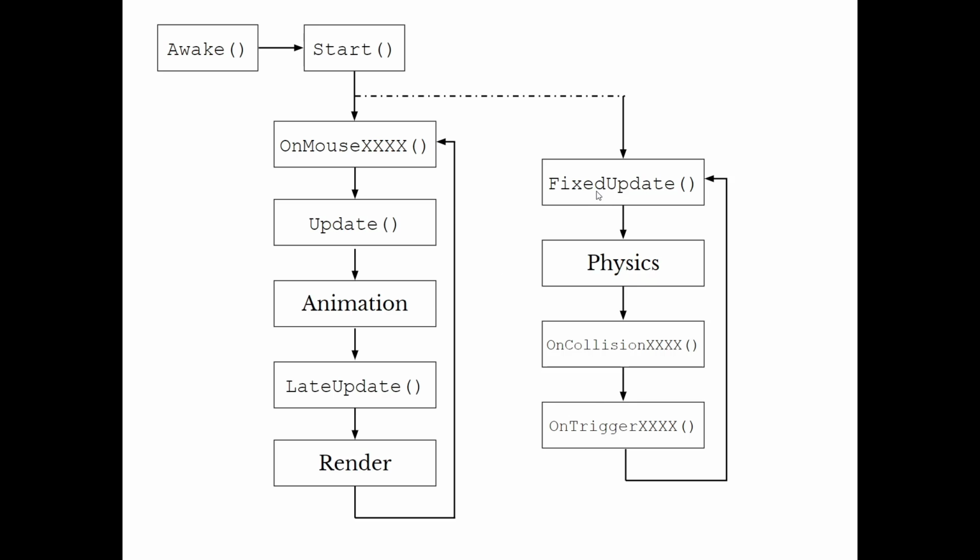And then our physics loop happens simultaneously with this FixedUpdate that we can supply, and also any of our physics-based events actually occur within that physics loop. So you didn't even realize it, but you've been using the physics loop this whole time, assuming that you've been using collisions, which I know you have.